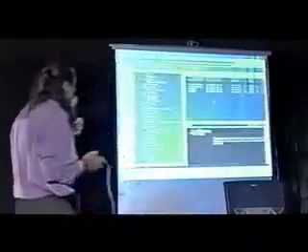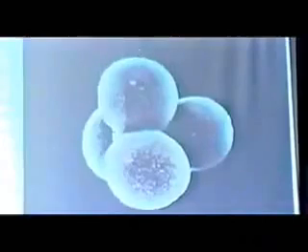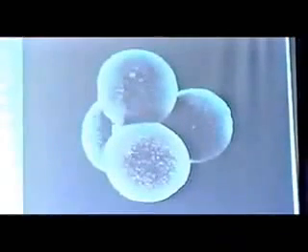Let me see if I can find it. Cell division. Here it is. Here's the cell dividing, generating perfect tetrahedrons.